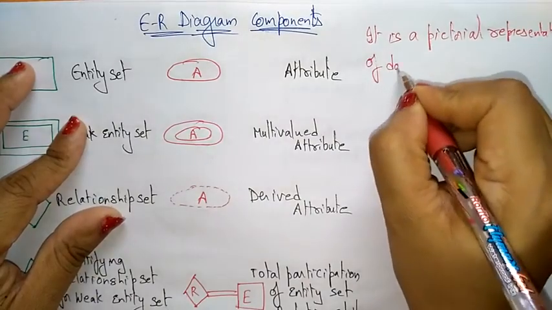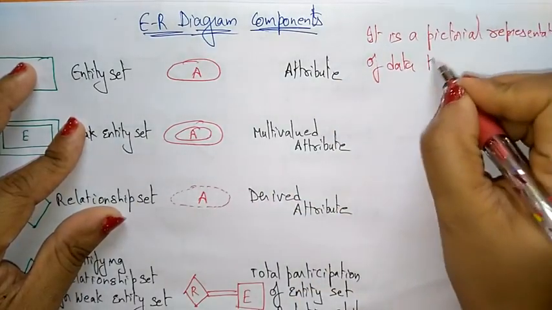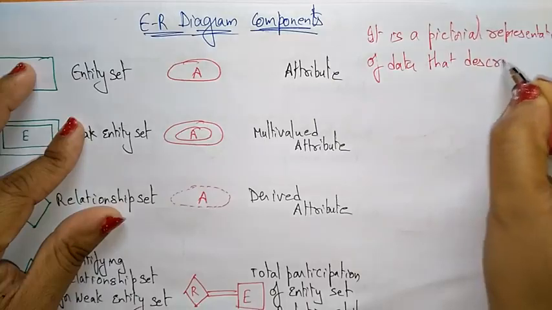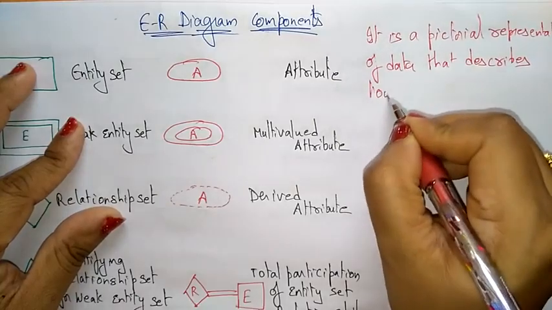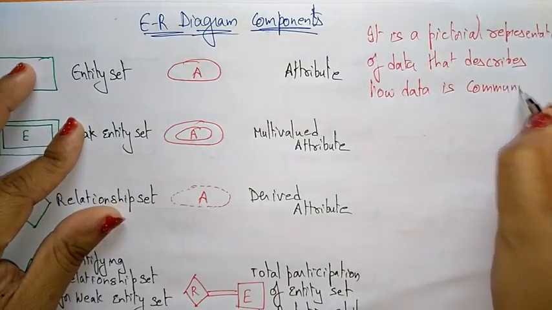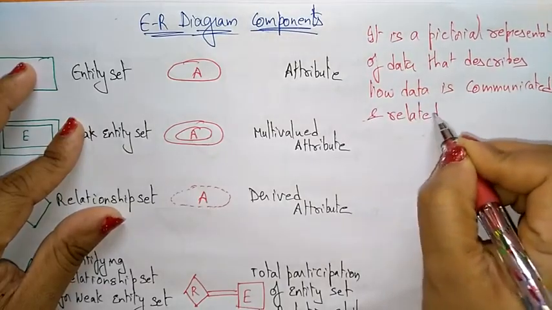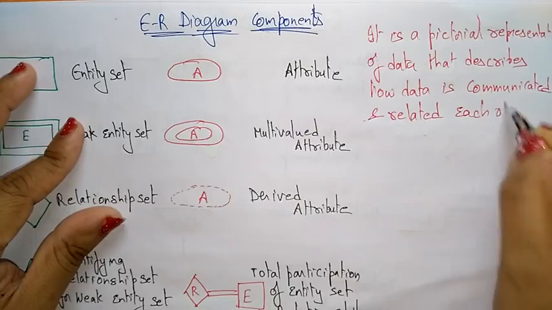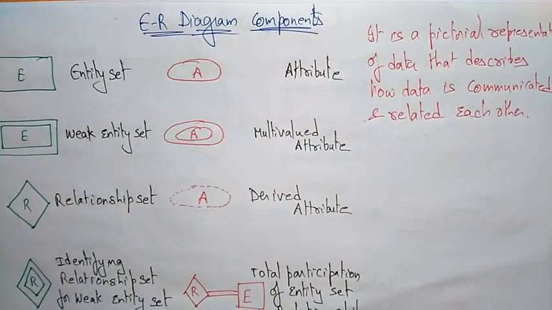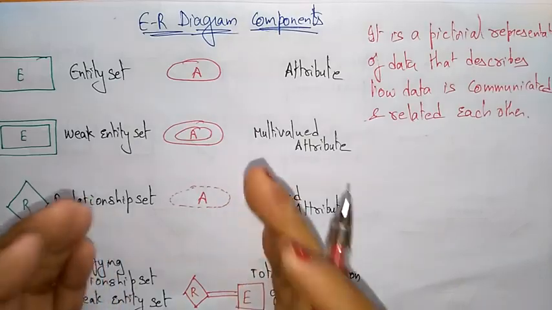Whatever data is there can be represented in a pictorial, diagrammatic form, which describes how data is communicated and related to each other. So in this diagrammatic form, it describes how data is communicating and related to one another. Rather than reading and checking everything, seeing the picture is very clear.